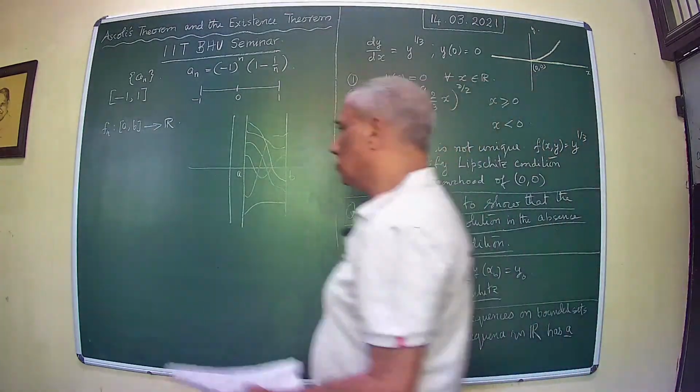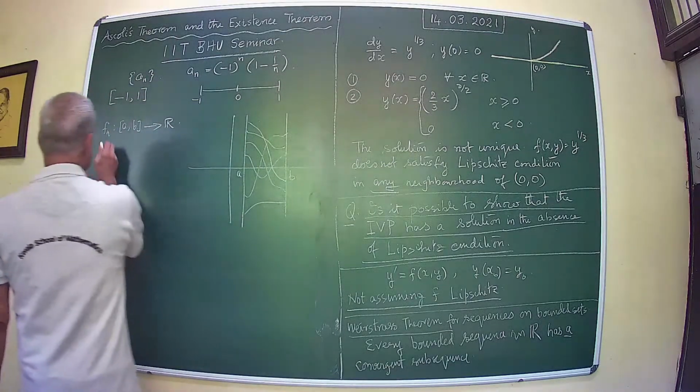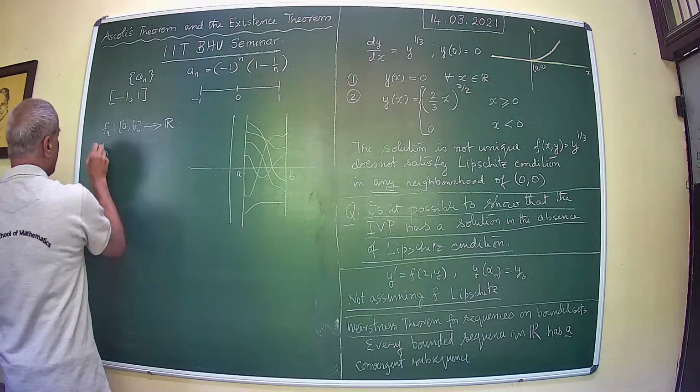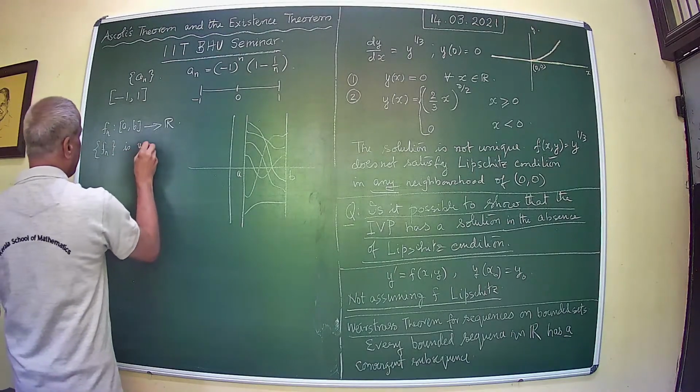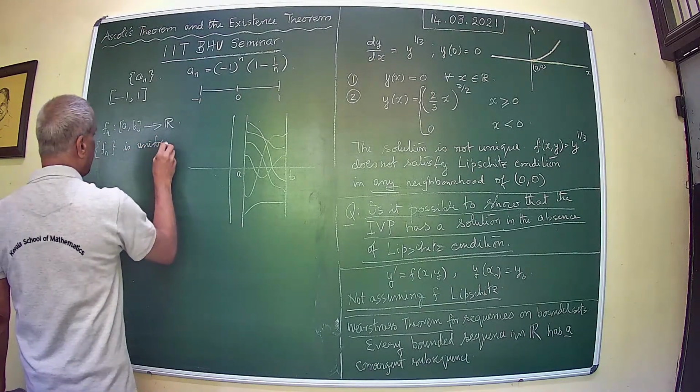Now we assume the sequence f_n is uniformly bounded.